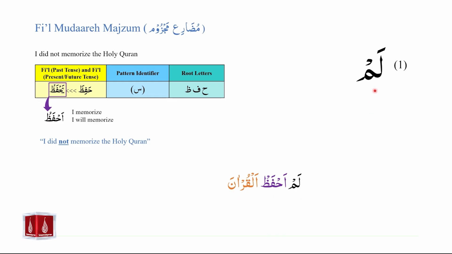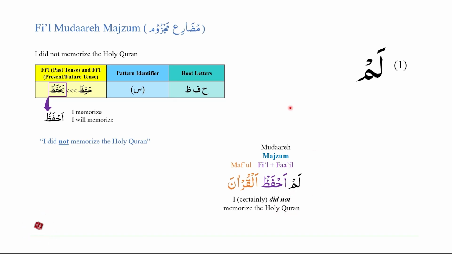Lam is this harf which is used to make fi'il mudare majzoom. Ahfaz is majzoom. Ahfaz is the combination of fi'il and fa'il, and al-Qur'ana is maf'ul. Lam ahfaz al-Qur'ana can be translated as I certainly did not memorize the Holy Quran.